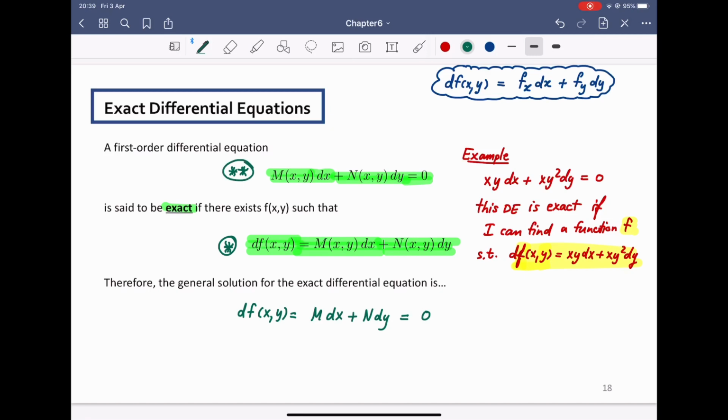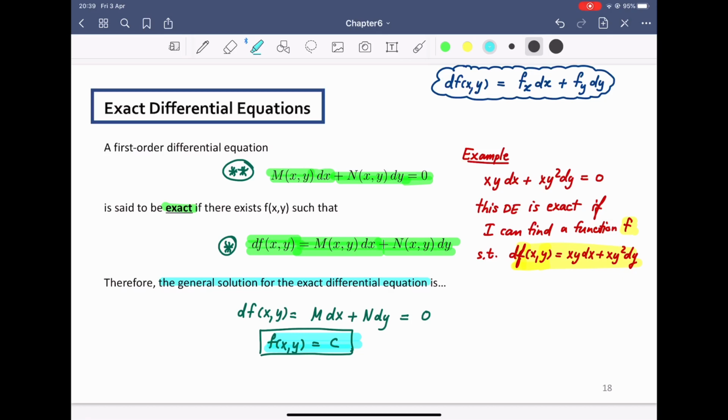So at the end, you have df(x,y) equal to 0. It's implied that f(x,y) must be a constant, and that is the general solution for the exact differential equation.